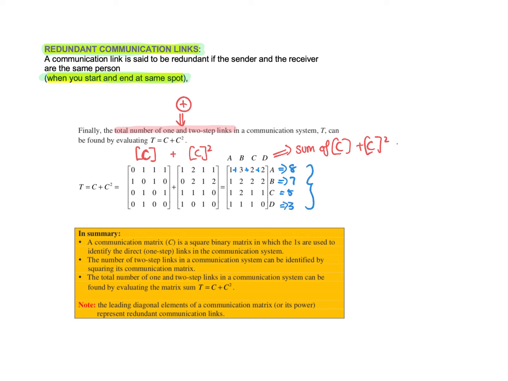So these are the total number of 1 and 2-step communications. They may ask that. Just be very careful if they're asking for both 1 and 2. That means you add them together. If they're just asking for 2, just add up the 2 rows and things like that.